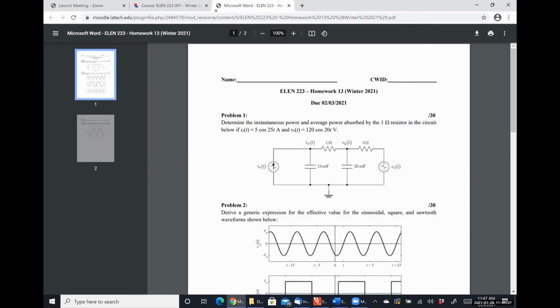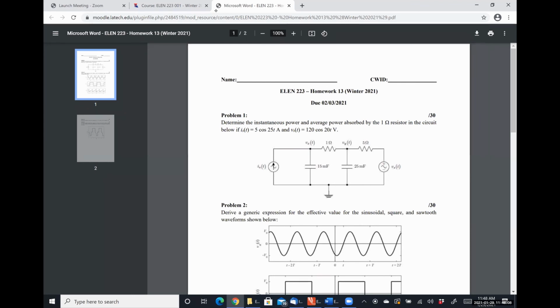So you're going to have 2 contributions at DC, 1 contribution at double the 25 radians per second frequency, 1 contribution at double the 20 radians per second frequency, and then 2 contributions consisting of when you take the difference of these, and 2 when you add them together.